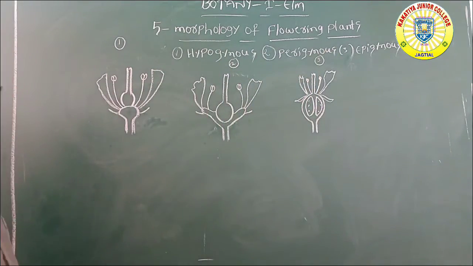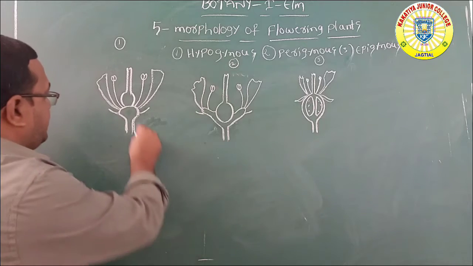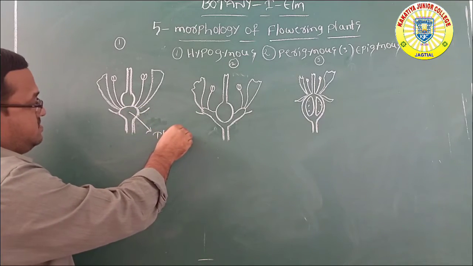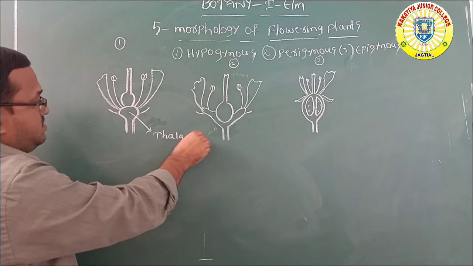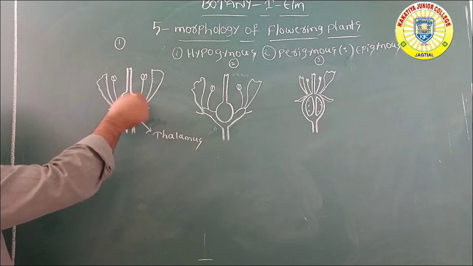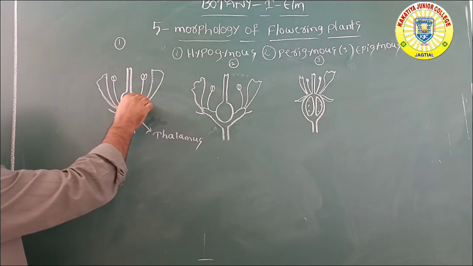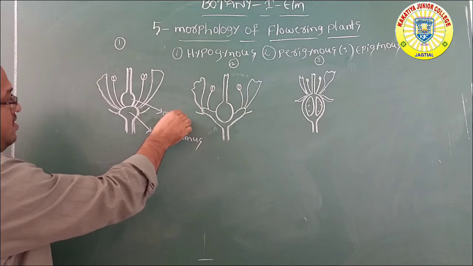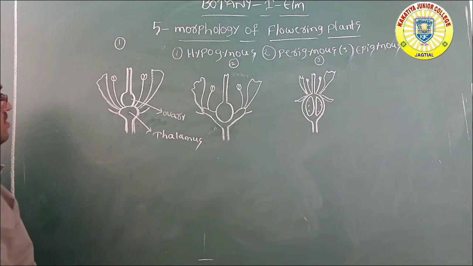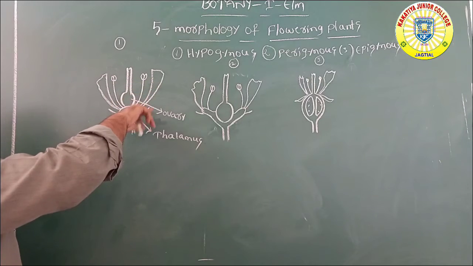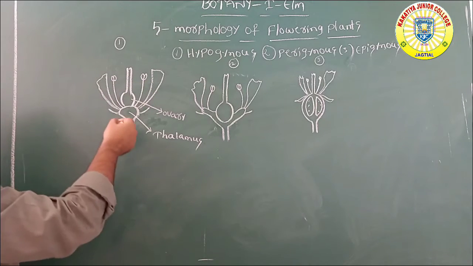Here you can see this is the thalamus, this is the ovary. These are the stamens, sepals, petals. Already you know the parts.